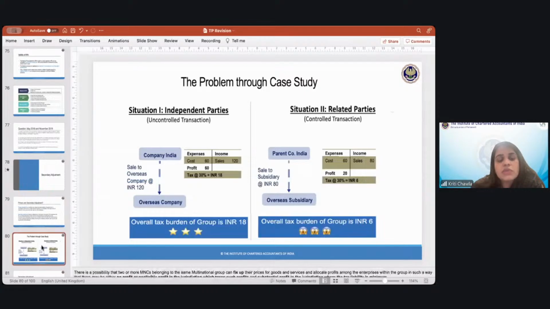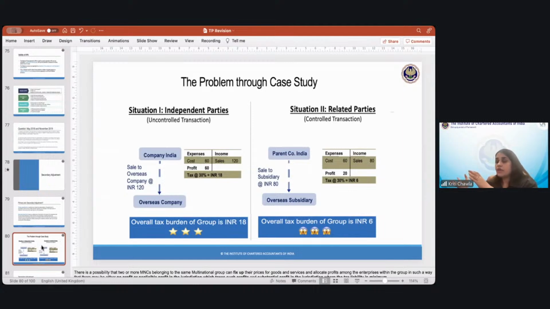Now, there is also something called a secondary adjustment. Secondary adjustment basically means that, by virtue of primary adjustment, you've made an adjustment in your books of accounts, which is 40 rupees right here. Now, you need to make sure that these 40 rupees actually are remitted to the Indian company also. Primary adjustment was an adjustment in the books of accounts for tax purposes.